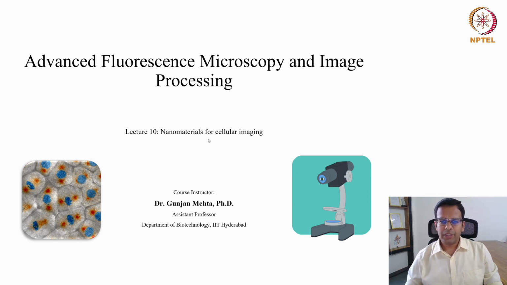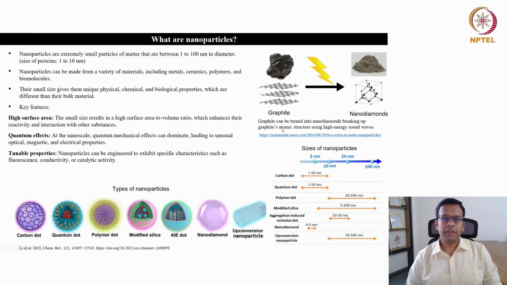So let us start with what are nanoparticles. Nanoparticles are extremely small particles of matter that are between 1 to 100 nanometer in diameter. Just to put you in reference with the size of a protein, generally the size of a protein is 1 to 10 nanometer, and these nanoparticles or nanomaterials generally range in size from 1 to 100 nanometer.